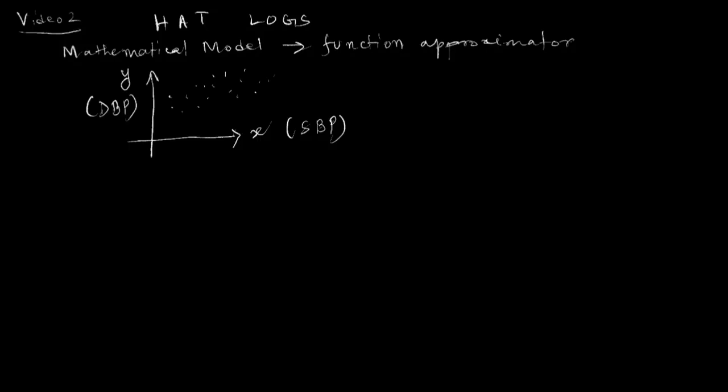And we obtained these points through what is known in science as an empirical observation. That is, we did some experiments, and for some particular disease or pathology, we found that for n number of patients, this is patient 1, this is patient 2, etc. We have a whole bunch of points.